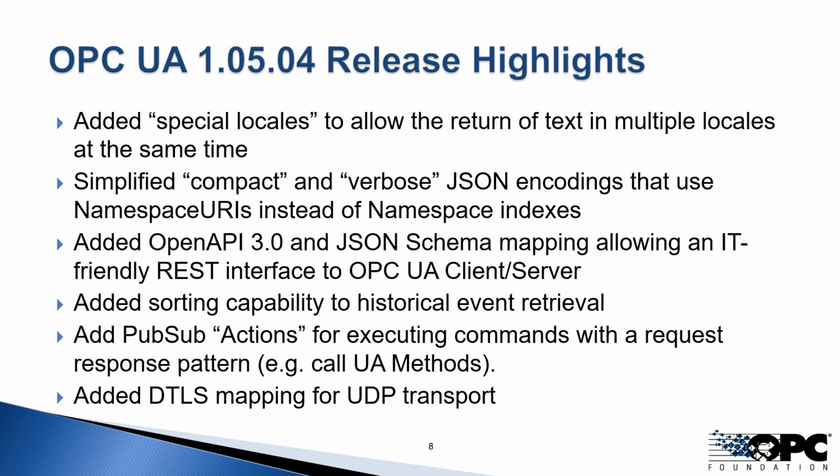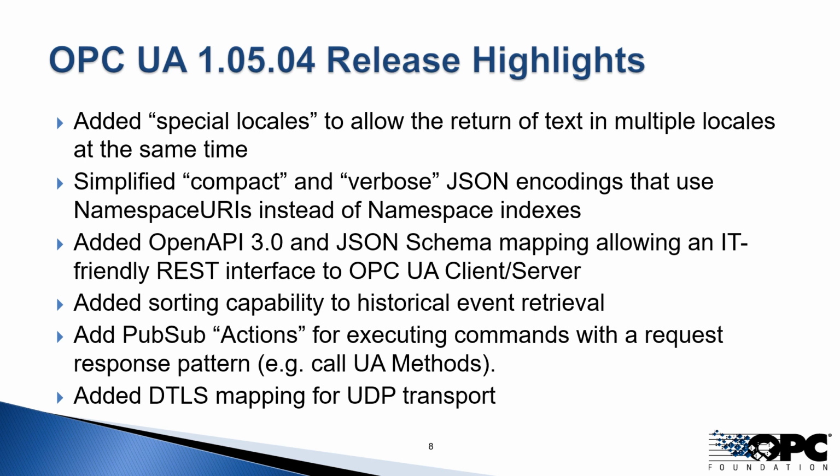And on the related JSON note, we also added an Open API 3.0 and JSON schema mapping to allow an IT-friendly REST interface using the OPC UA client server paradigm.